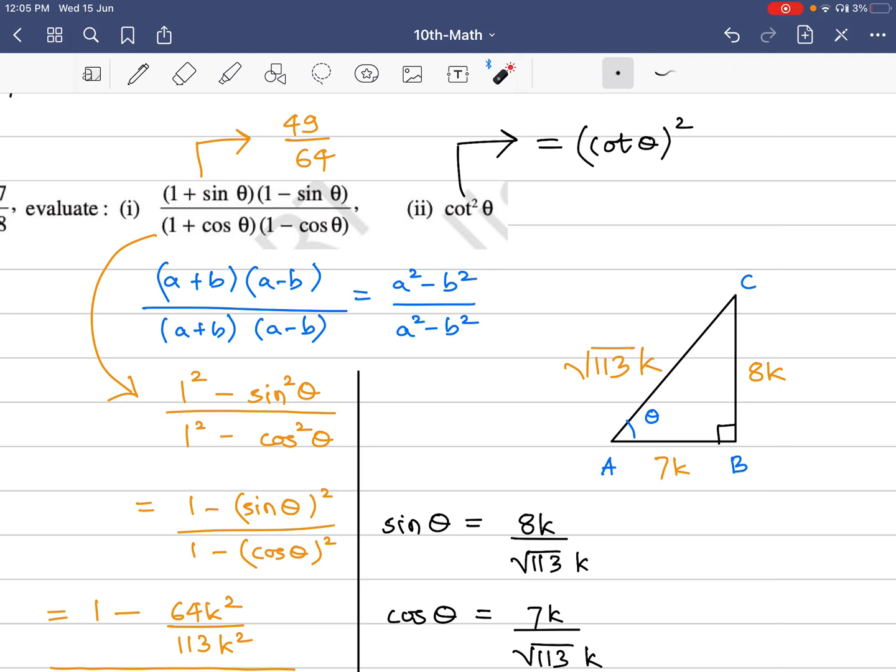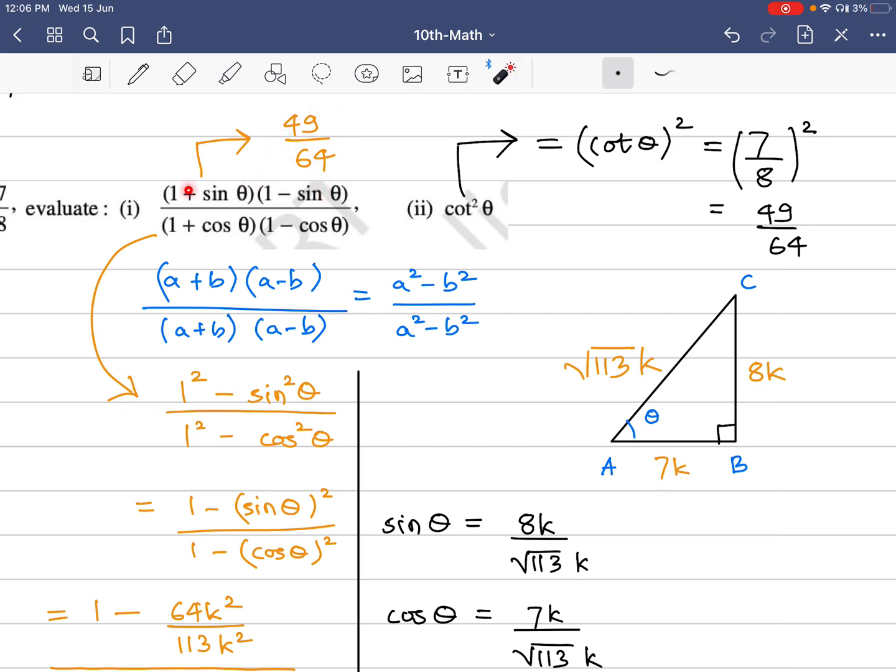It's just different ways of writing the same expression. But cot of theta is given as 7 by 8. So I'm going to substitute that value, the whole square, and that is going to be equal to 49 divided by 64, which is exactly equal to what we got here.